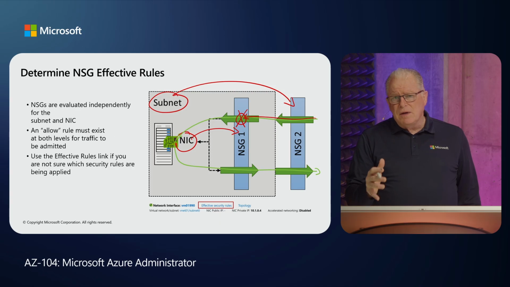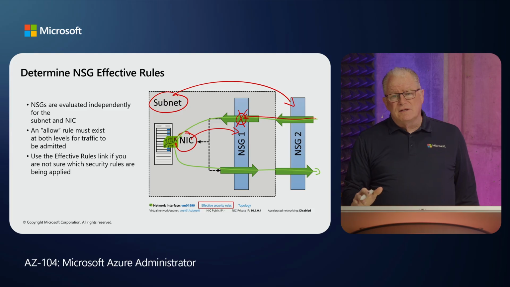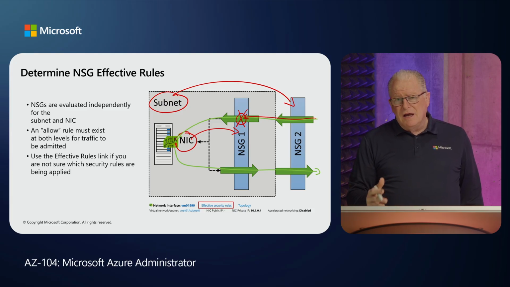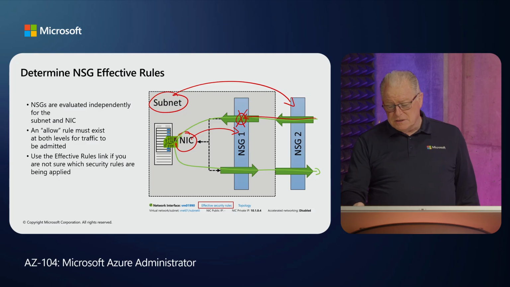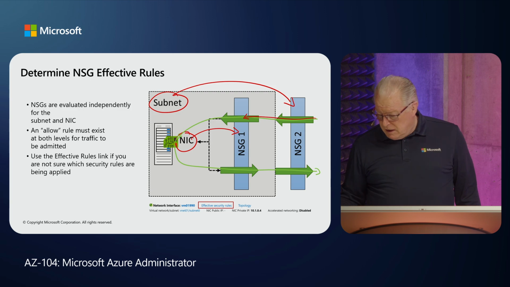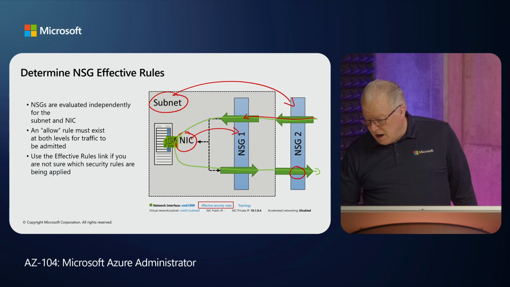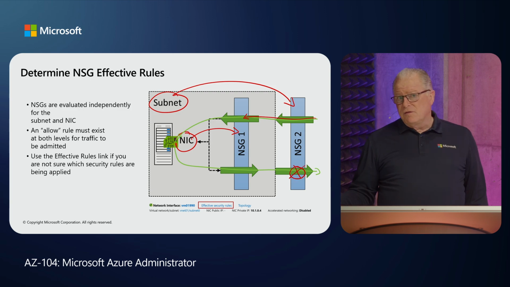You're going to see that we have the capability of doing an analysis of the effective impact of the multiple NSGs that might be applied, of where the block might be coming from, because the block in this case is coming from an inbound rule on the network card. It might be based on an outbound rule at the subnet.